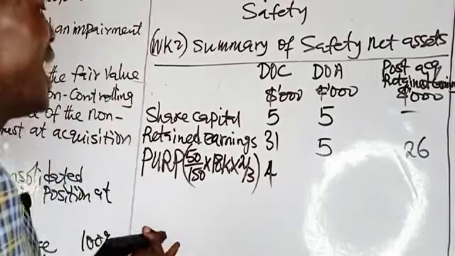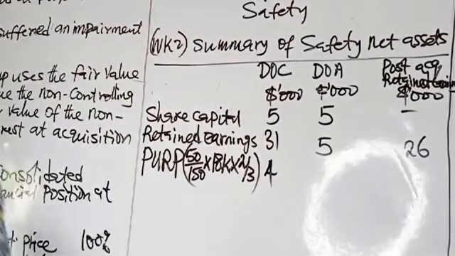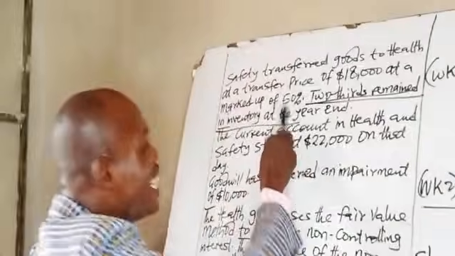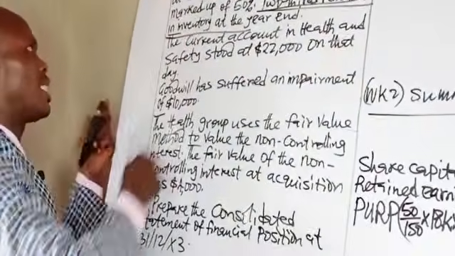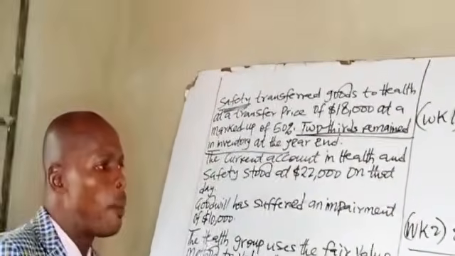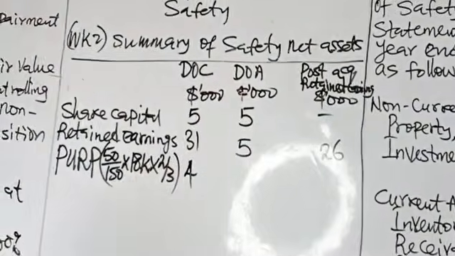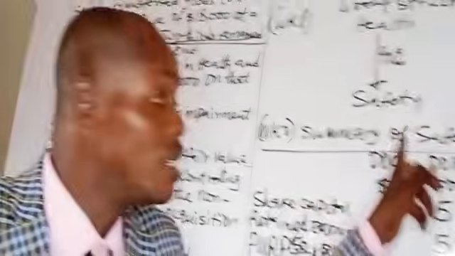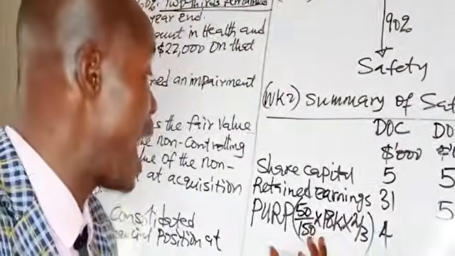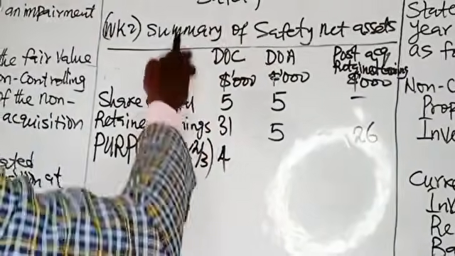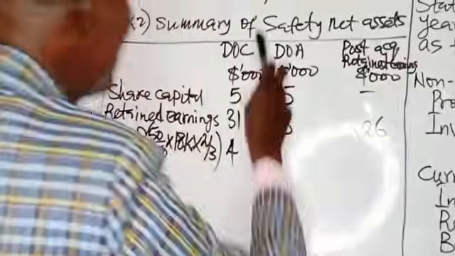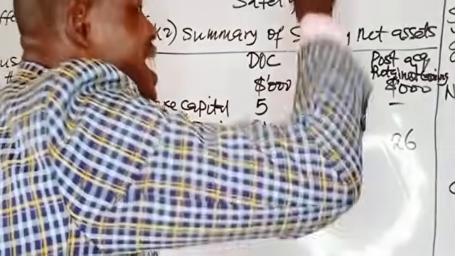I've told you that this unrealized profit should be deducted from the retained earnings of the seller. You have to be sure who the seller is. The seller is Safety. Remember, the summary of net assets we have here is the summary of Safety's net assets. If parent is the seller, you will not need to use it here. It will not appear in the summary of subsidiary's net assets if parent is the seller. You will only use it in the summary of net assets if subsidiary is the seller.